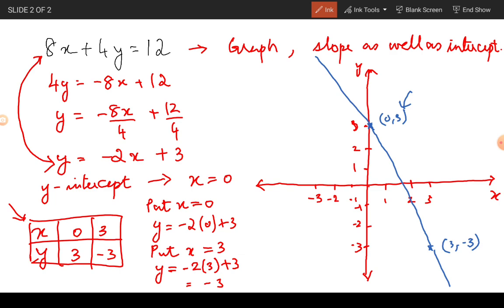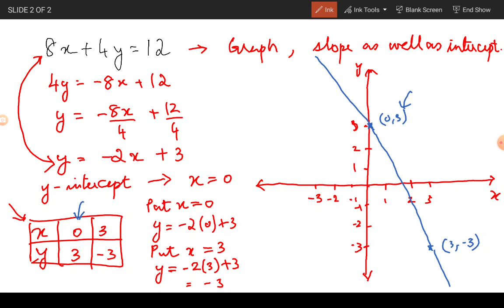Remember, if in this table you hadn't assumed x to be 0 and calculated y to be 3, and had found some other coordinates, even then, if you extend the straight line, it would have met the y-axis at the exact same point, (0, 3).